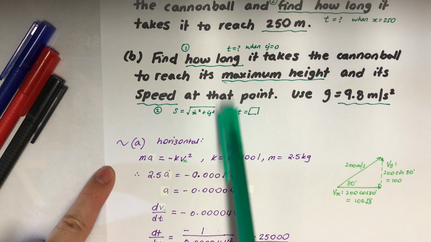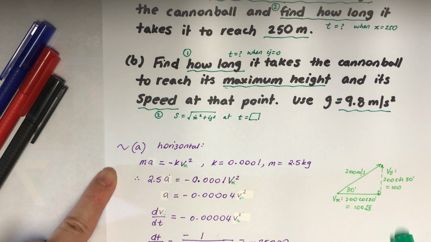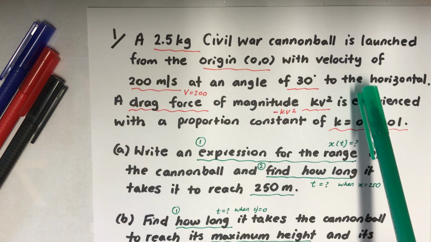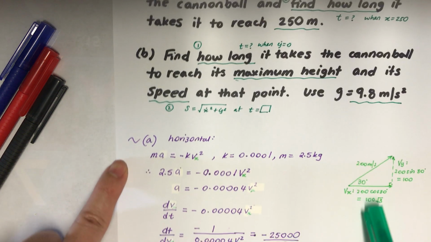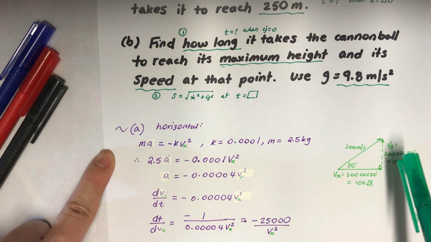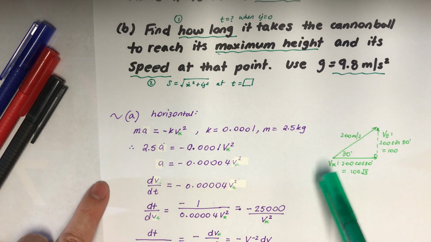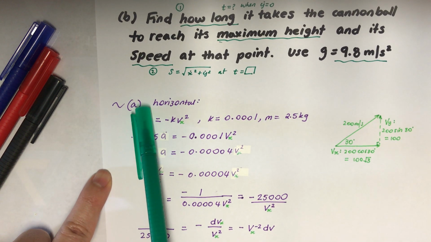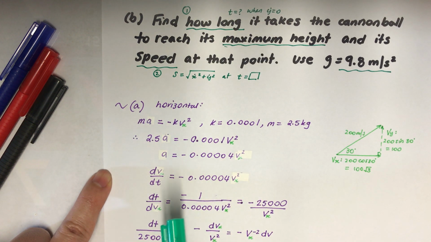All right, so before I start, I'll just draw my trusty right angle triangle with all the information. That was 30 degrees, 200 meters per second. Therefore my vertical velocity and horizontal velocity will be ready to go. Okay, so first thing first, part A is the expression for the range.